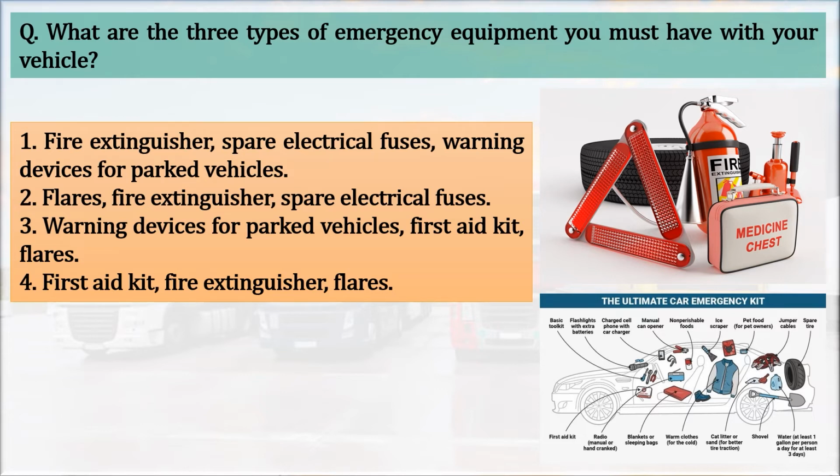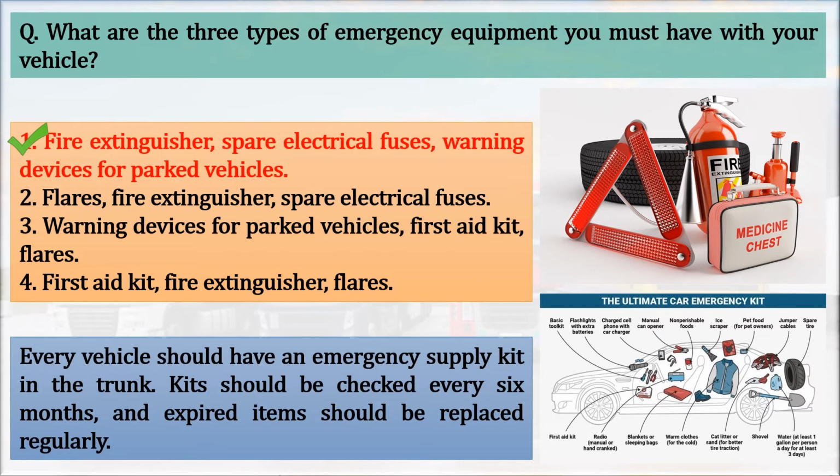Option number 3, warning devices for parked vehicles, first aid kit, flares. Option number 4, first aid kit, fire extinguisher, flares. The answer is option number 1, fire extinguisher, spare electrical fuses, warning devices for parked vehicles.